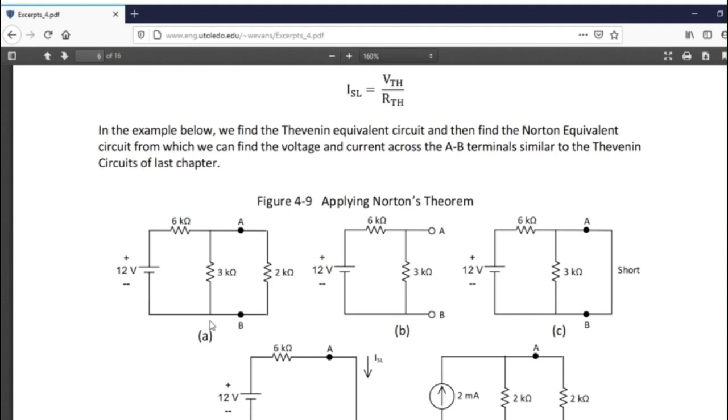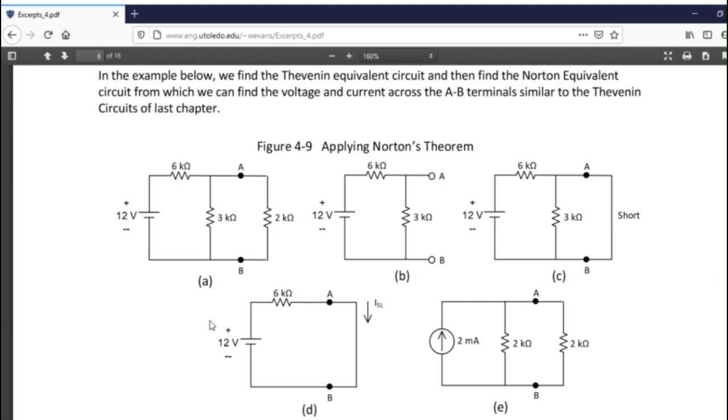So here, I'm going to say find the Norton equivalent of this circuit. I start with 12 volts, and I basically ask the question, what would be the voltage across and the resistance? Or I could say find I shorted load.